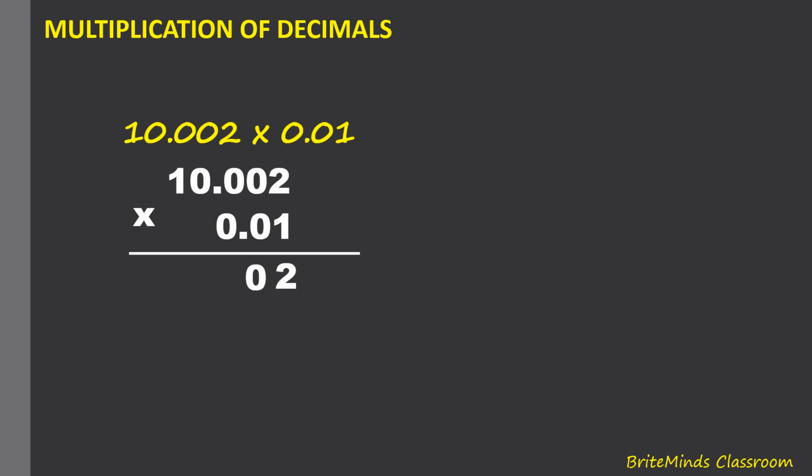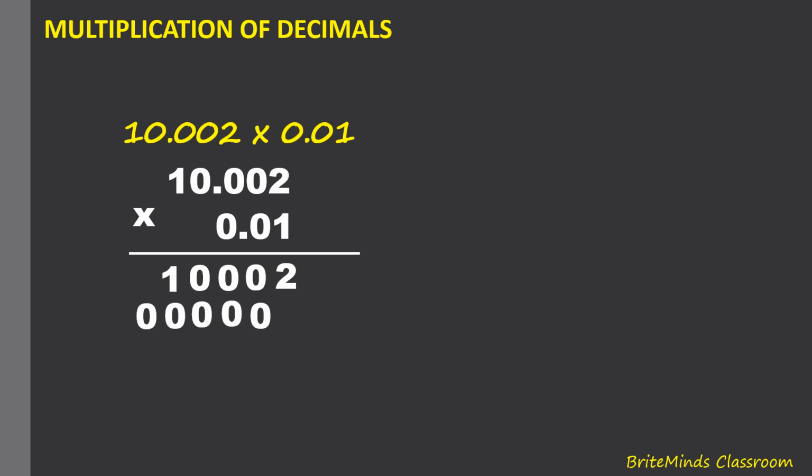So 1 times 0 is 0, and then 1 times 0 is still 0, and then 1 times 1 is equal to 1. And then let's proceed to the first digit, which is 0. So 0 times 2 is 0, and then 0 times 0 is 0, and the next is still 0, and then 0 times 1 is 0.